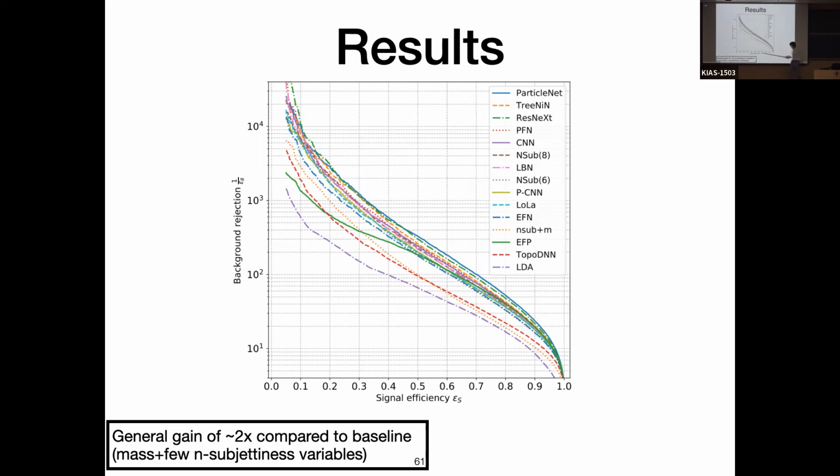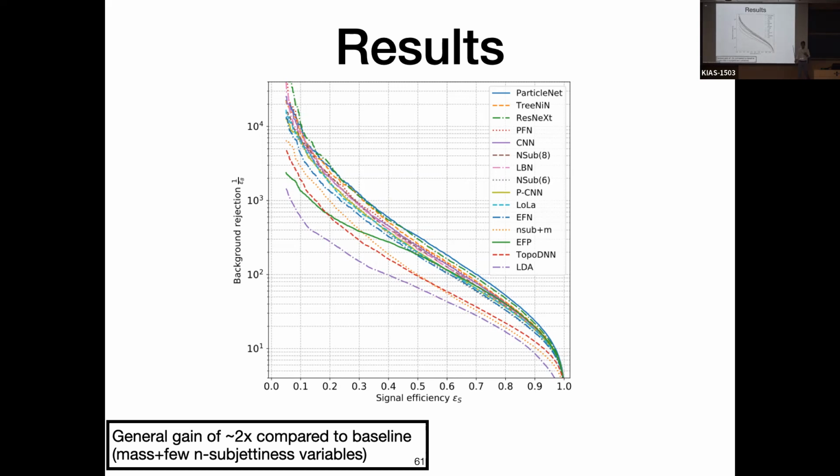On the horizontal axis, we have the signal efficiency, saying which fraction of top quarks are correctly identified as top quarks. On the vertical axis is 1 over the background rejection, saying which inverse fraction of QCD jets we mistook for a given threshold.